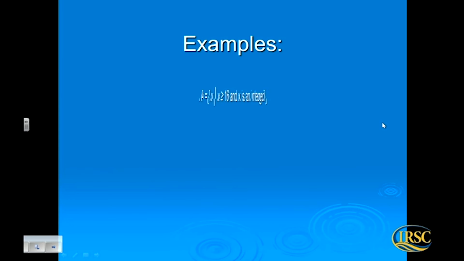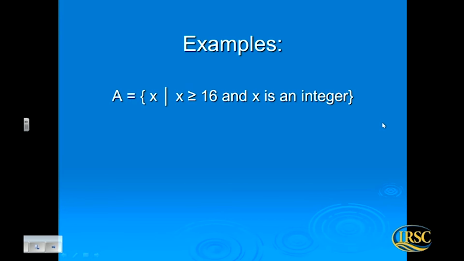So here's an example. Set A equals the set of all elements X such that X is greater than or equal to 16 and X is an integer. Okay, so I've listed the set of conditions that any element must meet in order to be part of this set.